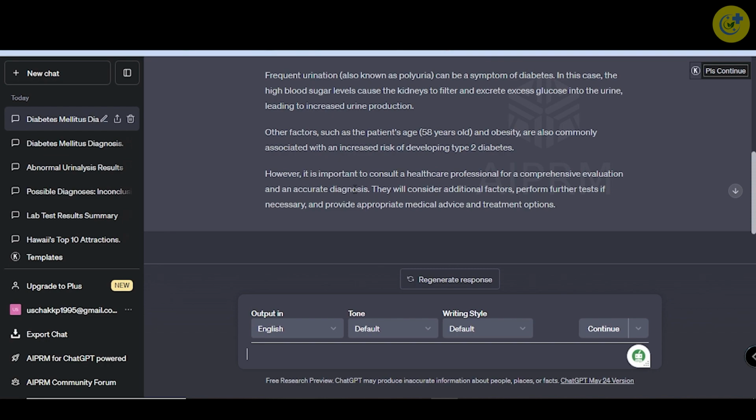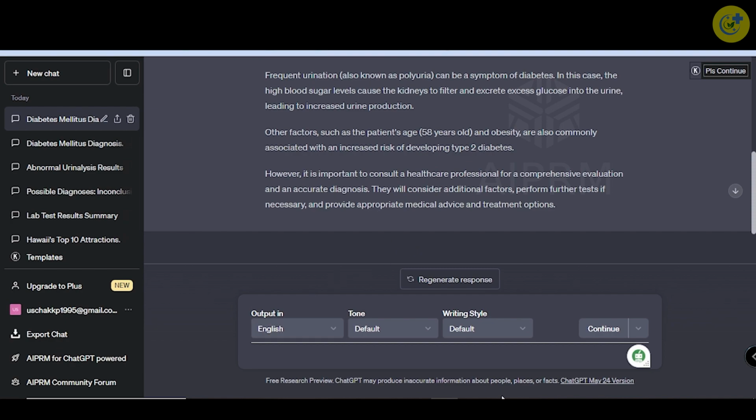To maintain your healthy life, don't make 100% of decisions using ChatGPT, but ChatGPT will definitely help you. That means it saves your time, but you need to meet your physician to get a more accurate reading of your lab report. They will consider additional factors, perform further tests if necessary, and provide appropriate medical advice and treatment options.